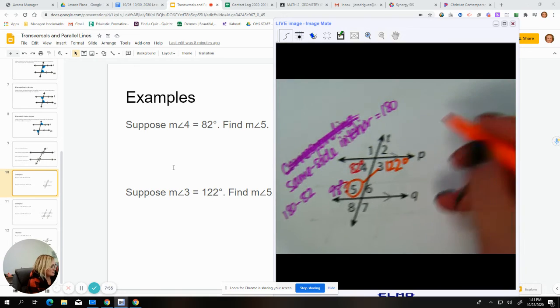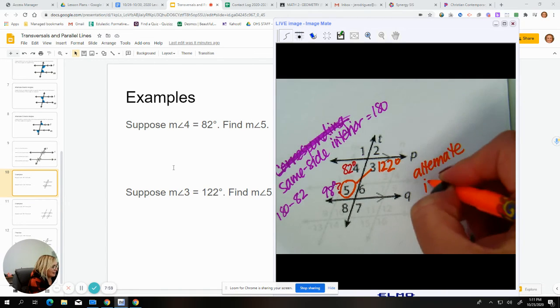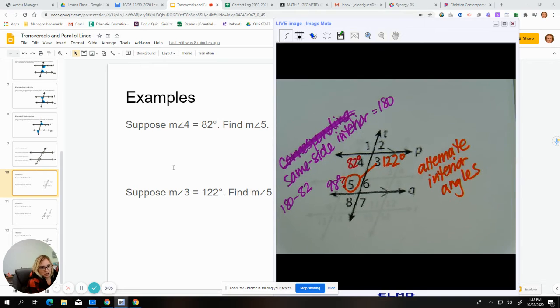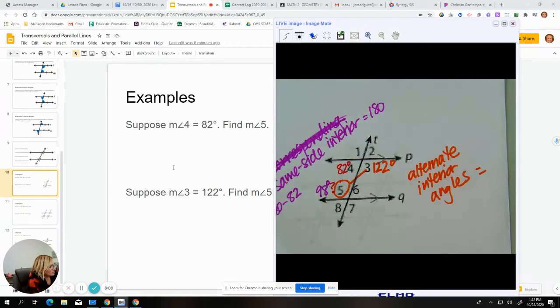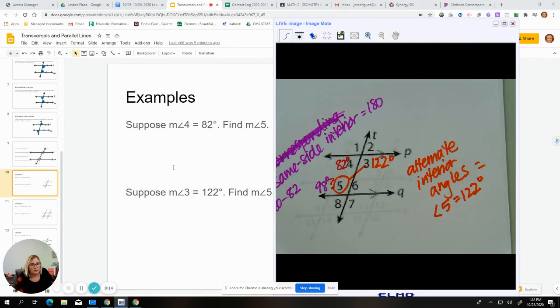They're on opposite sides. So this would be alternate interior angles. Okay? Alternate interior angles. And those angles are equal. So that tells us that angle 5 is 122.